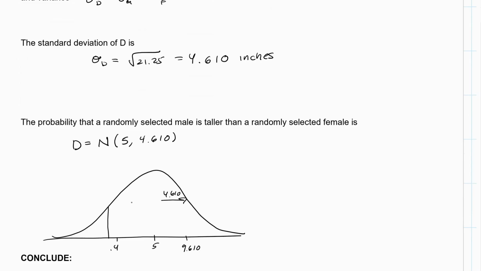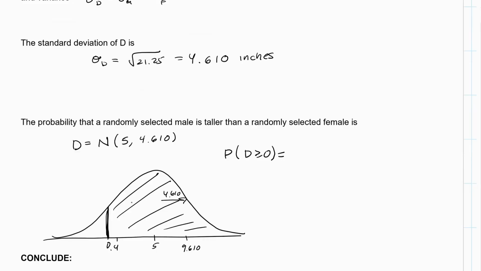And here is where 0 is. Here is where the male and the female are the same height. And on this side of the line is when the males are taller than the females. The other side of the line is where the females are taller than the males. So we're asking, what's the probability that the difference is greater than 0?